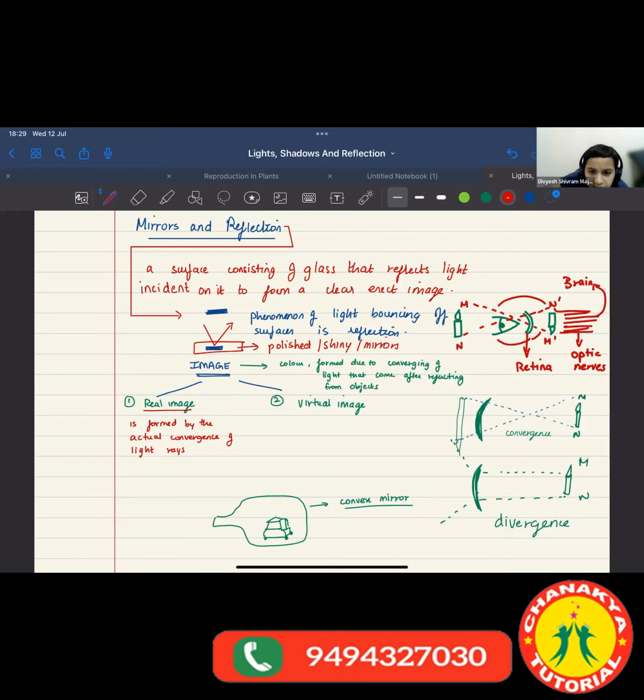And what is that phenomenon of light bouncing off?